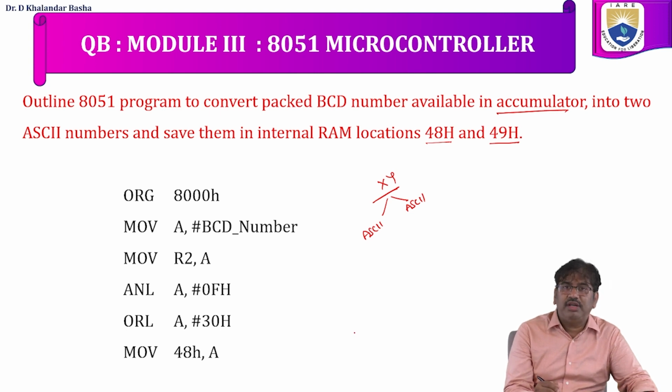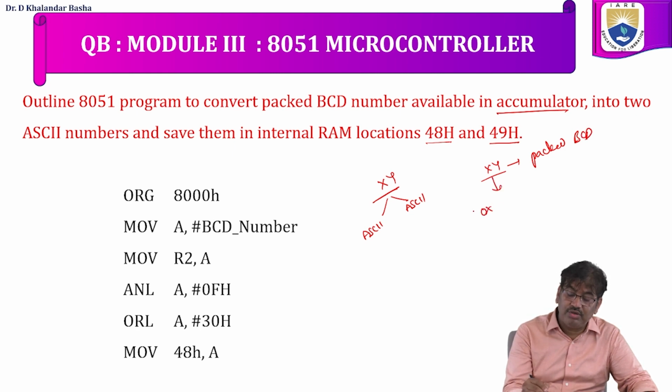For converting the XY data into ASCII, first we will consider this as a packed BCD number. This packed BCD number will be converted into two 8-bit data, which we are going to consider as unpacked BCD.